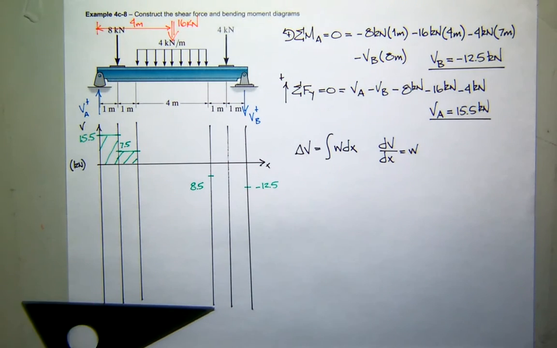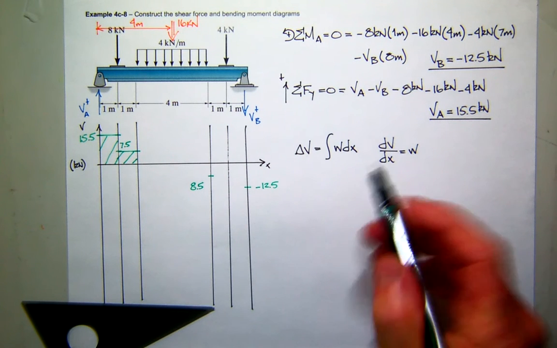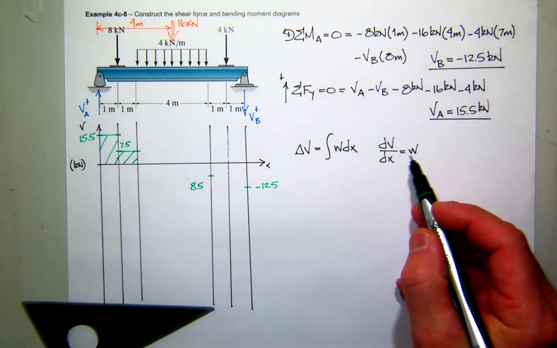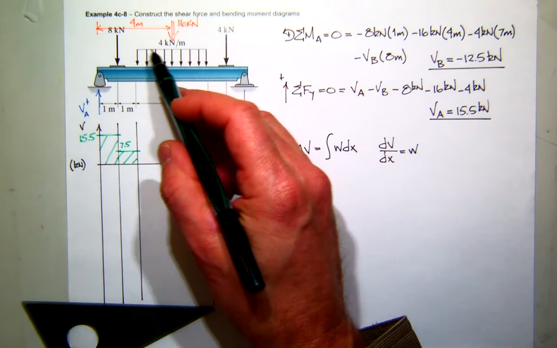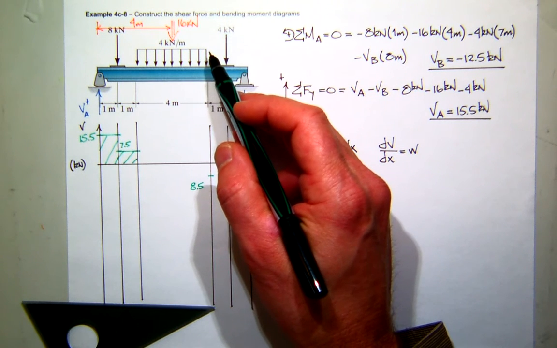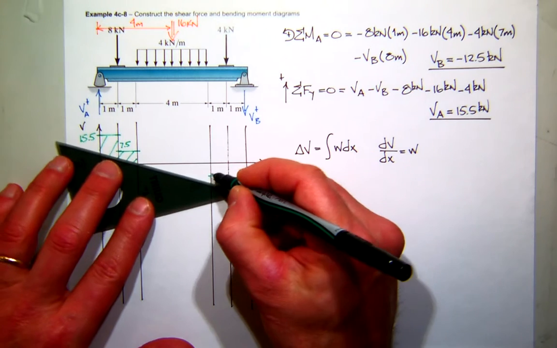This is not going to be to scale, but it's okay. And the shape of that curve is given by the load, and the load is constant and negative, so I have a constant negative slope.